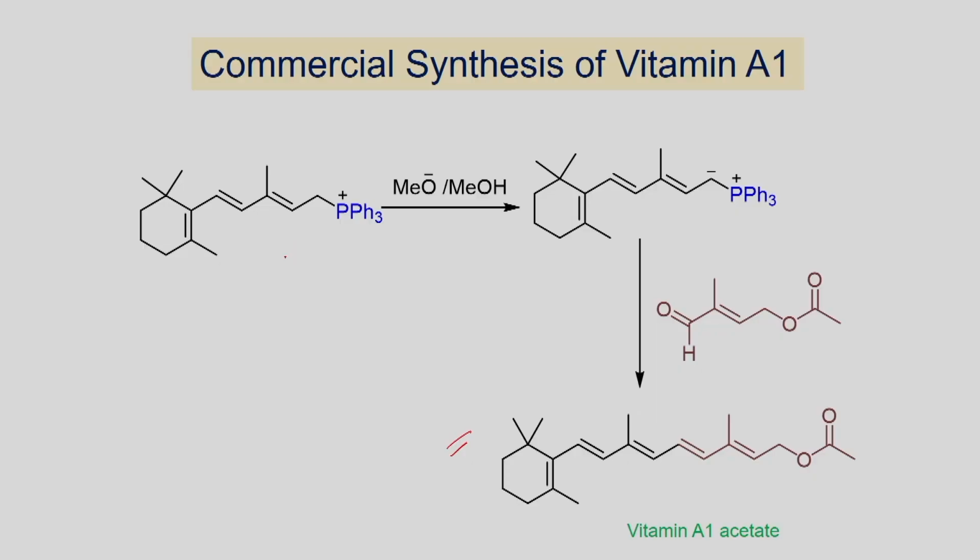Now let us look at another interesting example. If you look at here the reaction of this substrate shown here, just as we have seen, if you have the halo substrate, you can react it with triphenylphosphine and make the salt. Once you form the salt, you can react it with the base. In this case, methoxide has been used, and you can deprotonate.